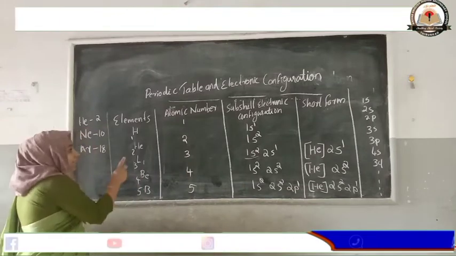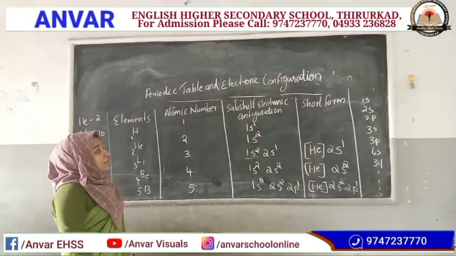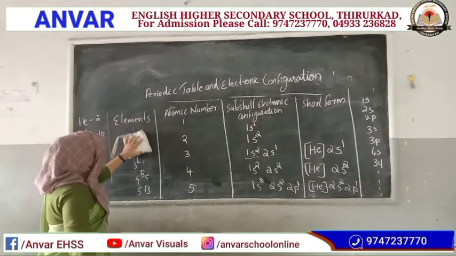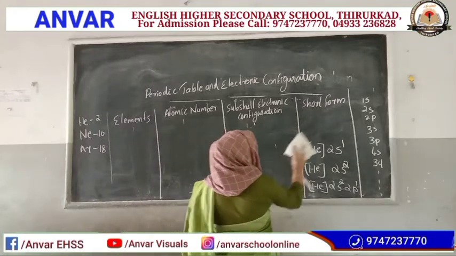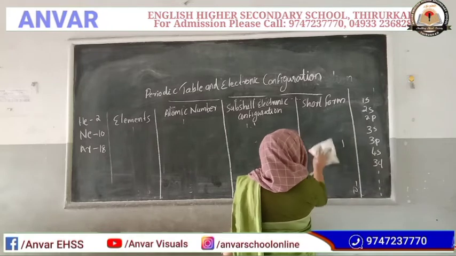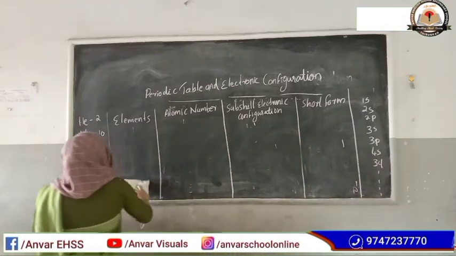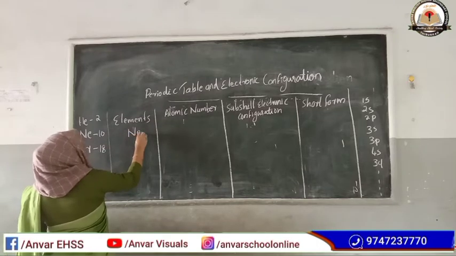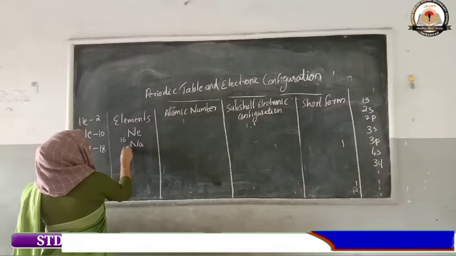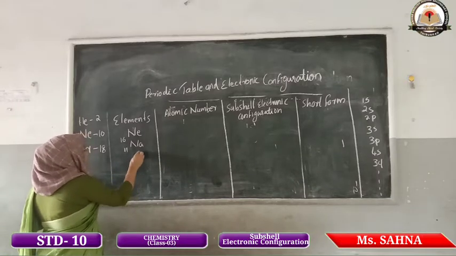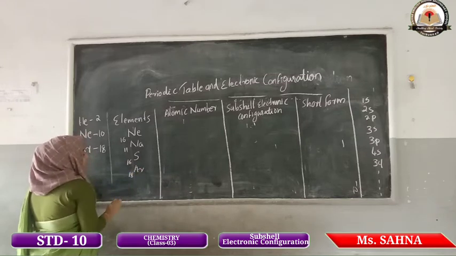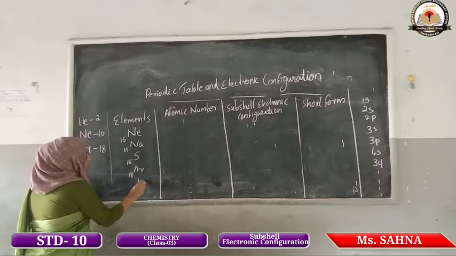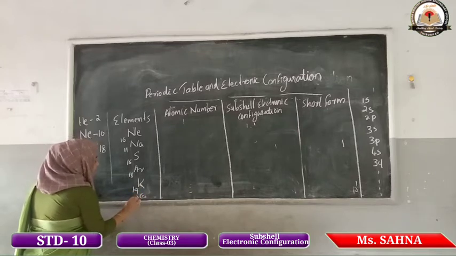So next, all of you write this table. The next elements are neon 10, sodium 11, sulfur 16, argon 18, potassium 19, calcium 20.